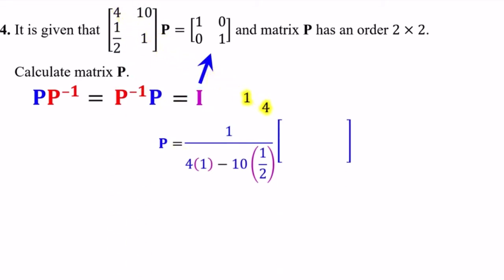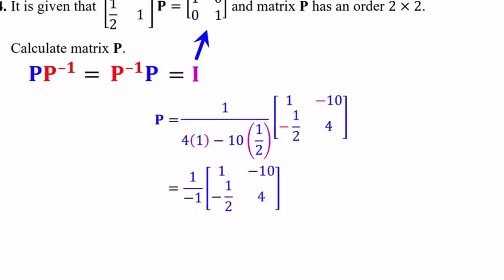And then we have to change the position for 1, 4. And then the negative 10 and negative half, and we simplify to the simplest form. We will get the matrix which is actually the inverse of the matrix given. So that is the answer for the matrix P.